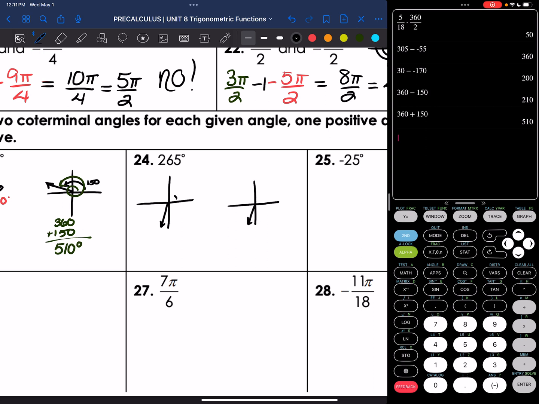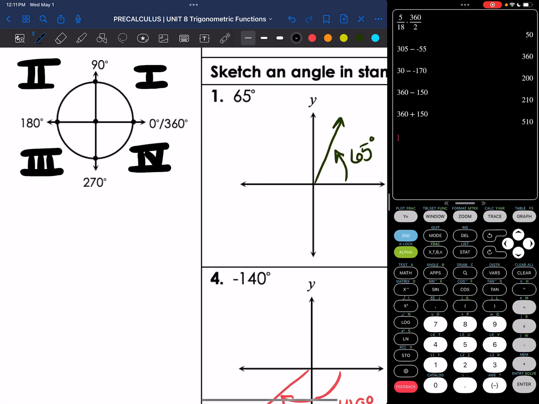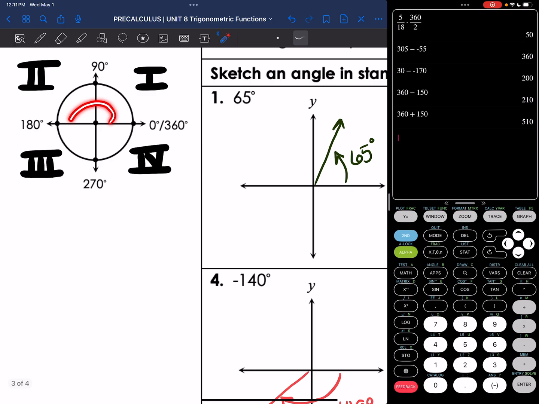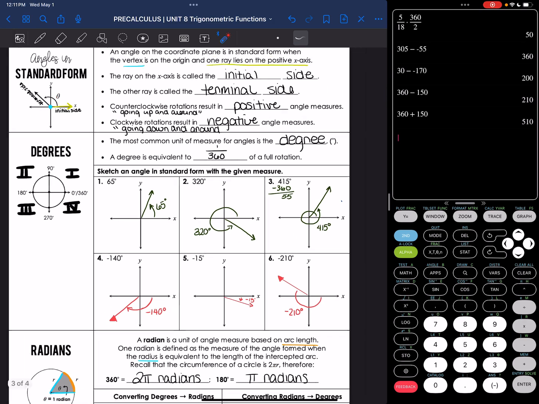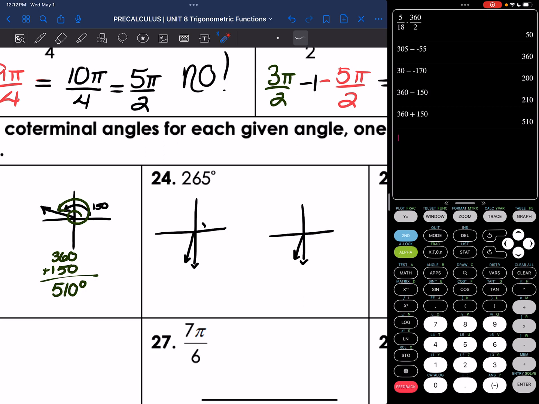It's almost 3/4, because if you were to go straight down, remember, 270 is rotating from here to there. So if we're saying 265, we're very close to that point.